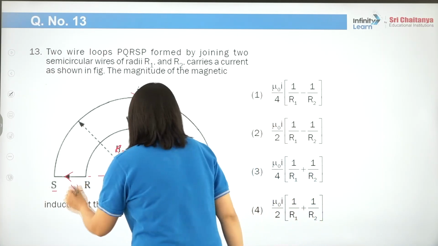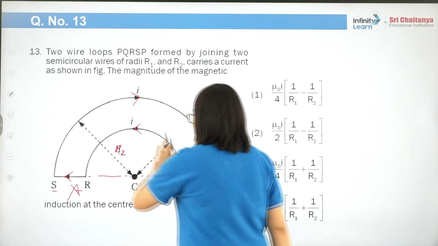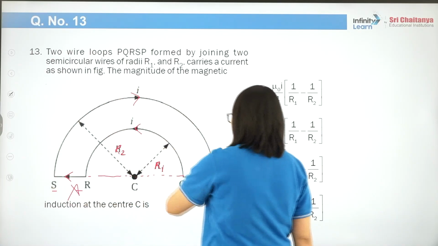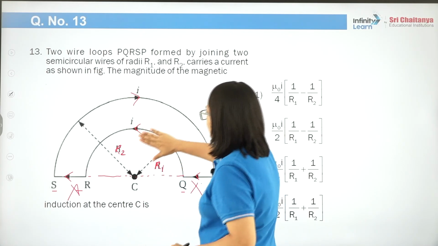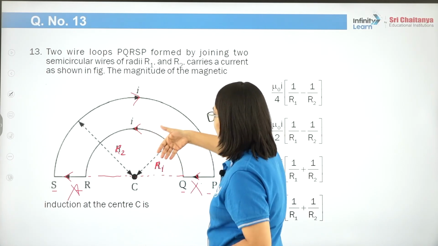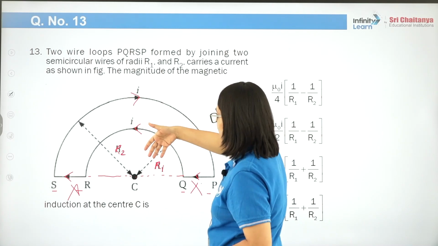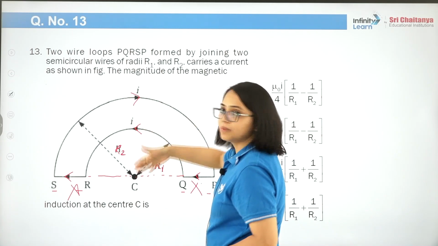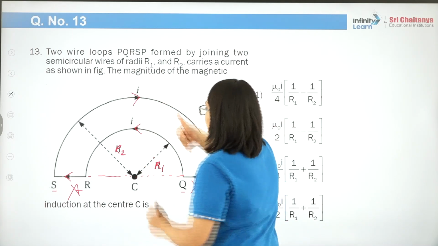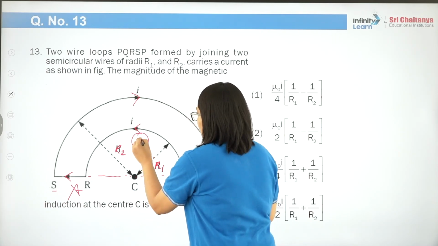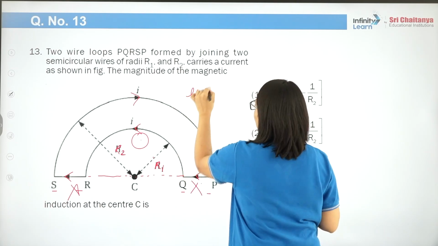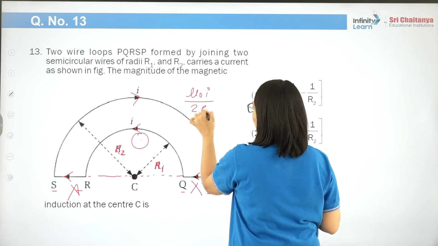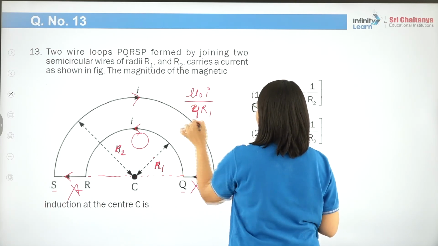So the magnetic field will be only because of this semicircle of radius r1 and semicircle of radius r2. If you look at the direction of the magnetic field due to the smaller semicircle, it will be out of the plane using right hand rule. So this will be out of the plane, and its value will be mu naught I upon 4r1.